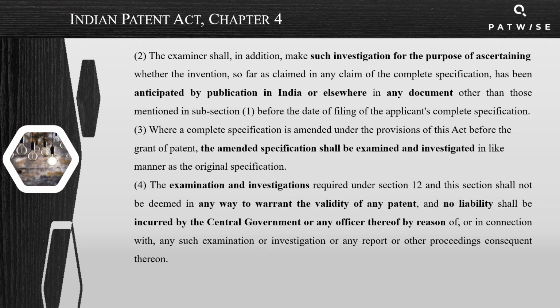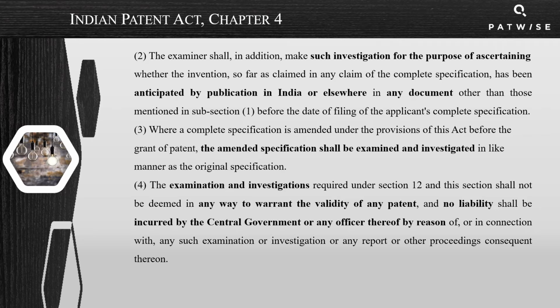Furthermore, according to subsection 2, 13.2, not just in Indian patent documents, the examiner has to make any and all such investigation relating to any publication of documents. So it can be non-patent literature, such as journal literature, or patents filed outside of India or anywhere, for any document that is published before the filing date.